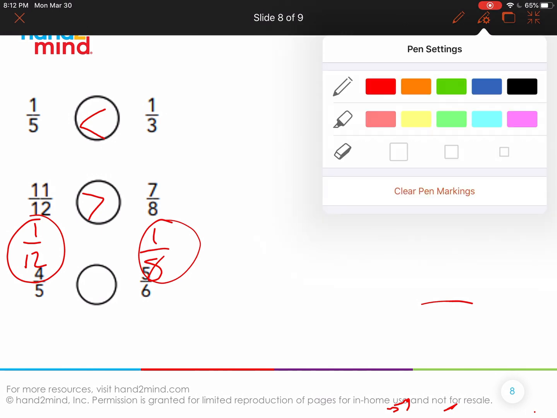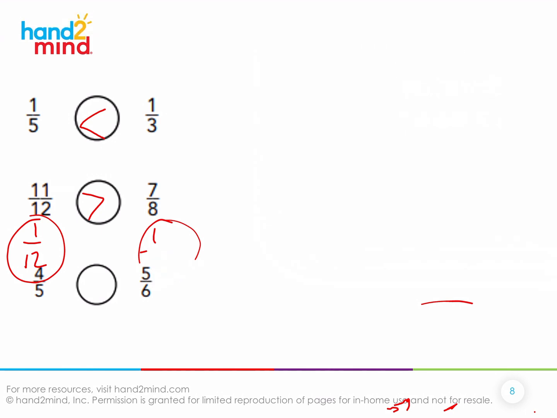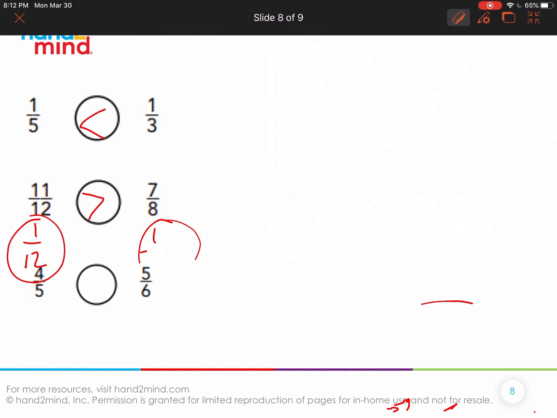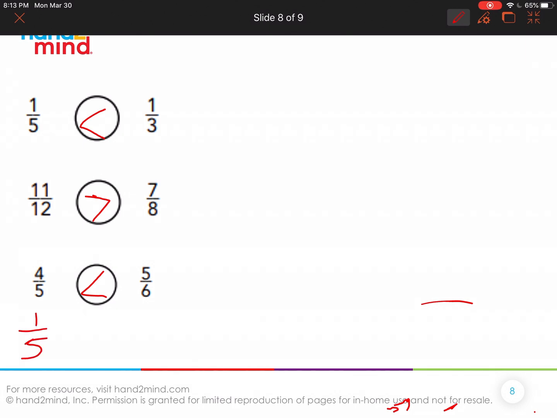Okay? And I'll erase this a little bit so y'all don't have to. Did that help you? Okay, 4/5 and 5/6. Can you think and reason about that one? 4/5 is less than 5/6 because, did you notice that this is 1/5 away from being a whole and this is 1/6 away from being a whole?